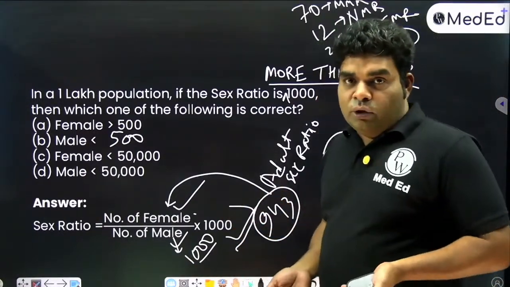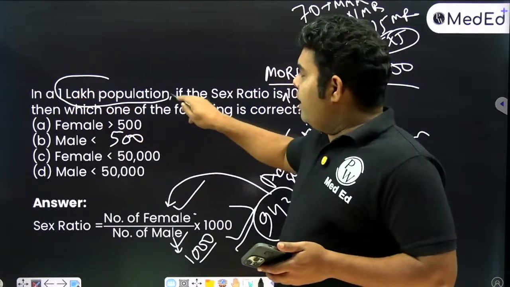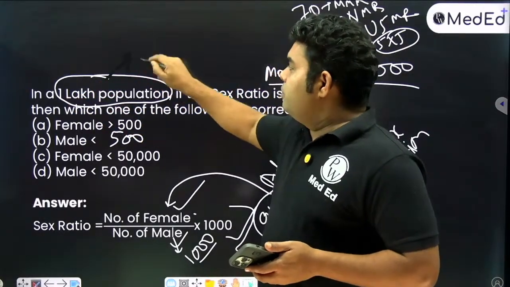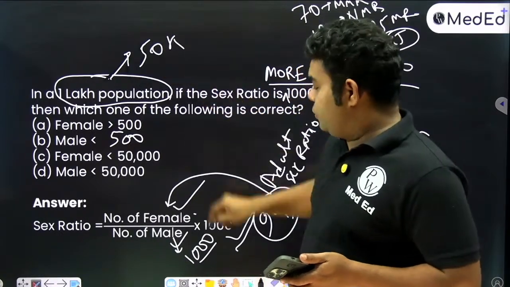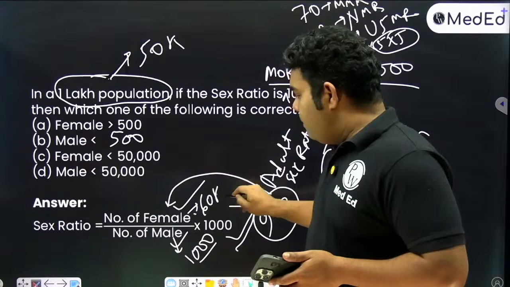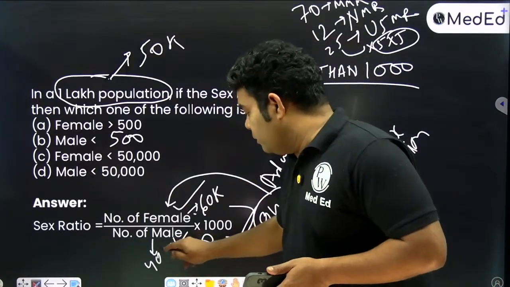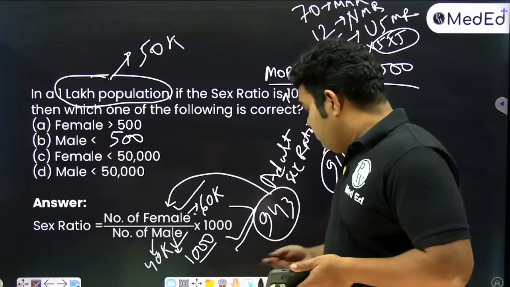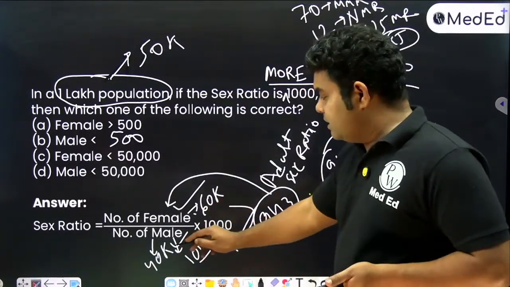Let me give you an example. Population is 1 lakh. Suppose we divide the population into half, 50,000 is there. And out of this half population, if female is suppose 60,000, more than half, and male is suppose 40,000, because if female becomes 60, male automatically become 40. And if you do 60 by 40, 60 by 40 come 1.5.